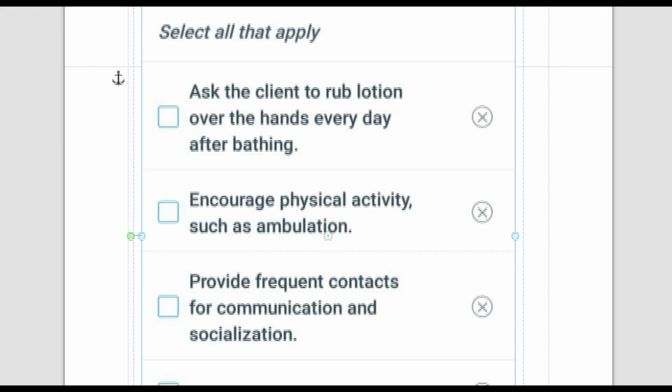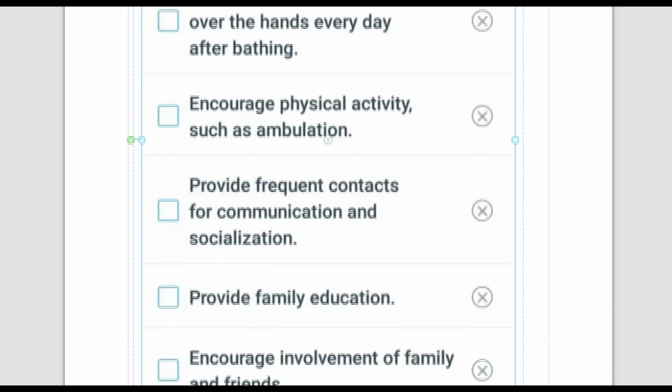Provide frequent contacts for communication and socialization. Okay, I would choose this for their anxiety, right? If they're anxious, this is called diversion therapy, right? They'll talk instead of chewing their fingers, right?